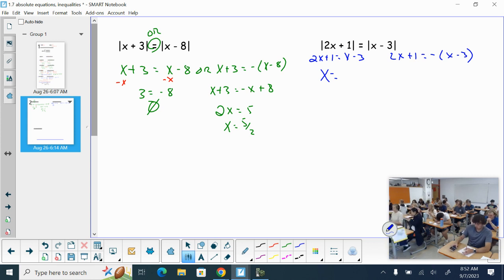Emberlyn, what do you come up with? Two solutions? X equals -4 or 2/3. And once again, if you would sub them back in there, you would come down to two solutions that are equal.